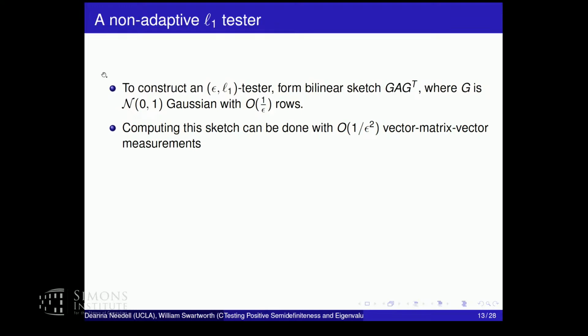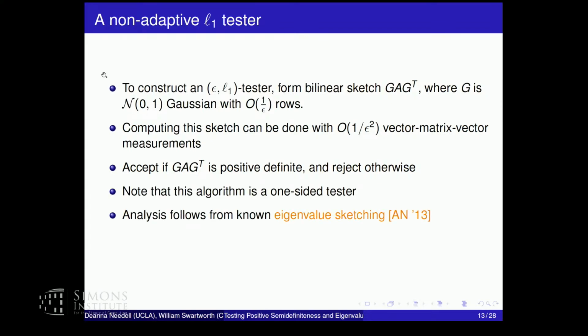And so the number of vector matrix vector products here is 1 over epsilon squared if I have 1 over epsilon small dimension for G. If A is PSD, then GAG transpose is also PSD. And if A is far from PSD, then using analysis of Andoni and Hui, if it's epsilon far, you can show that it won't be PSD. So you can just check if GAG transpose is PSD or not.